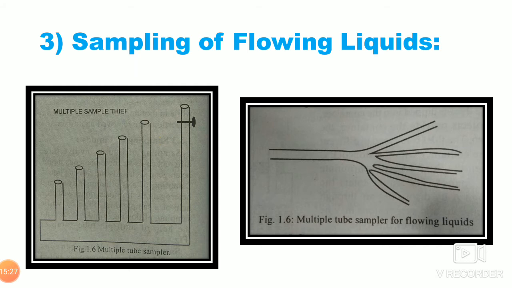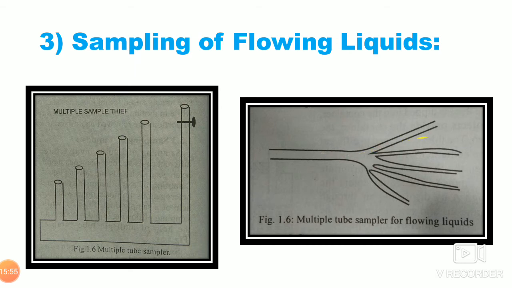This is the second figure, which also has a stopcock. When we dip this hand-like multiple tube sampler, it consists of shorter tubes connected to the main tube. This is the main tube. Short or smaller glass tubes are connected just like a hand, but with different lengths.